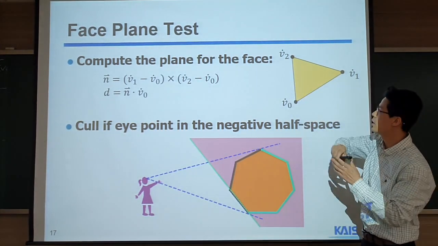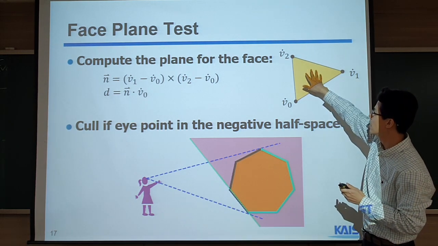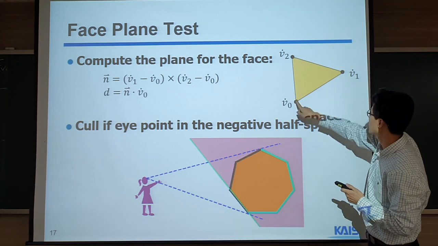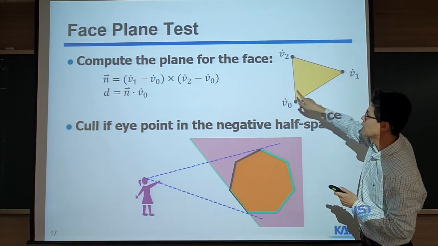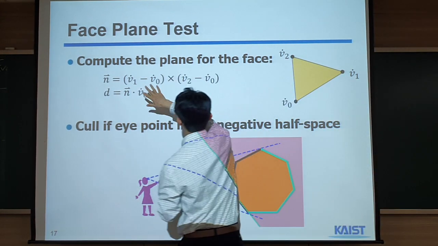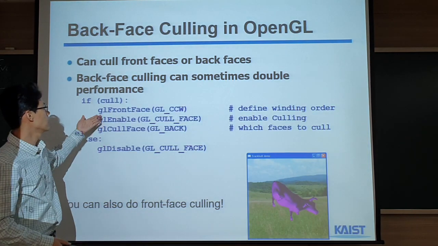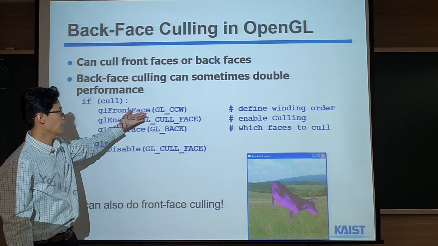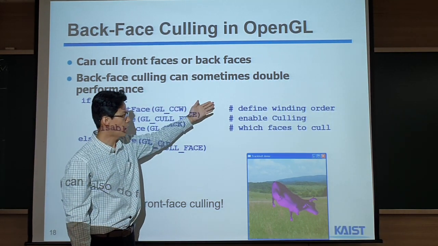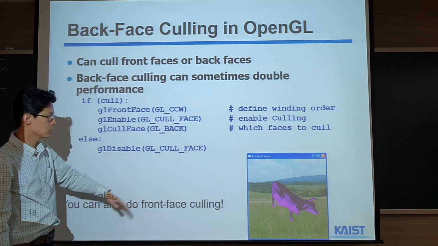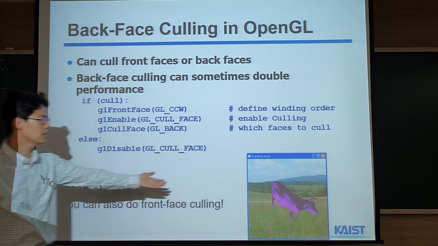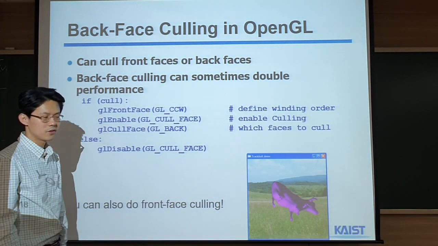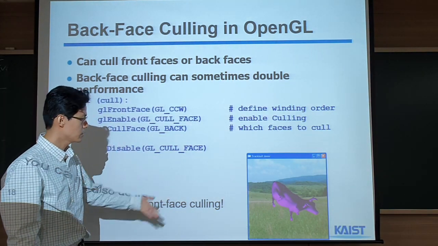By interpreting the vertices counterclockwise as V0, V1, V2, we compute the two vectors and compute this normal. That's the way of defining the front face from the winding order of the vertices. We can also do front face culling. I don't know in what case you would want to do that, but I'm showing you this image.